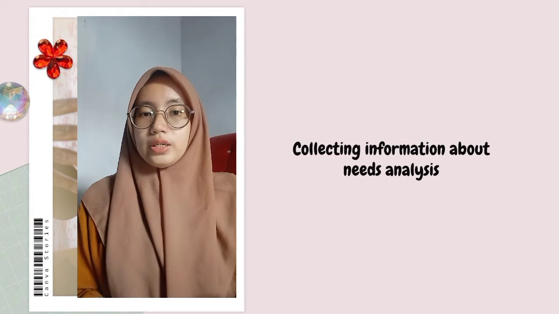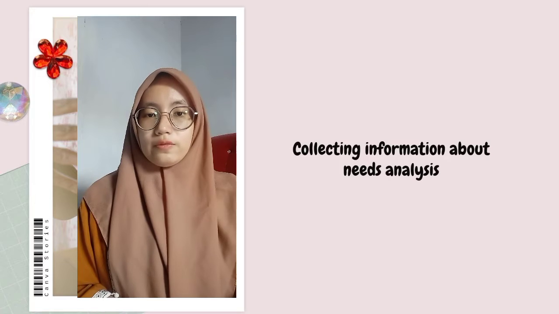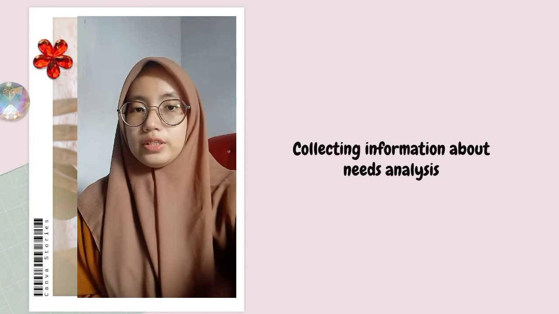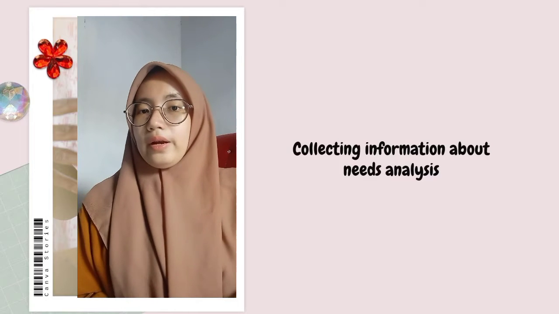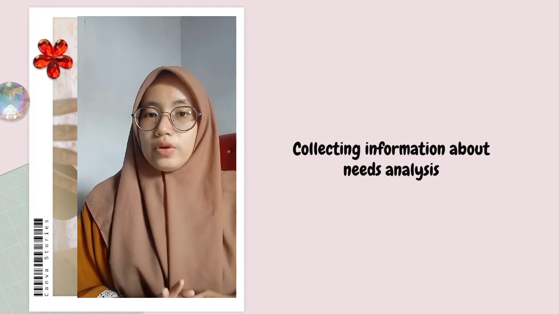Before distributing the questionnaire, we first need to carry out the process of gathering information to select the type of question. There are 5 types of question. The first is question of identifying the problem.